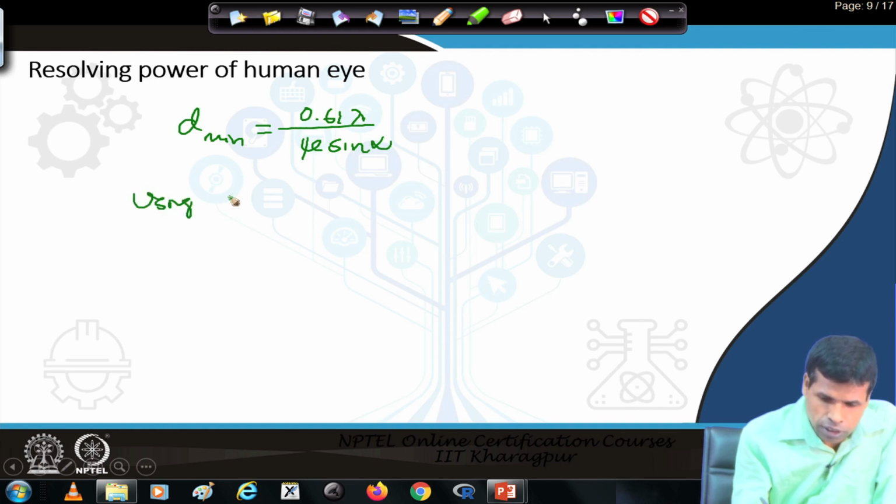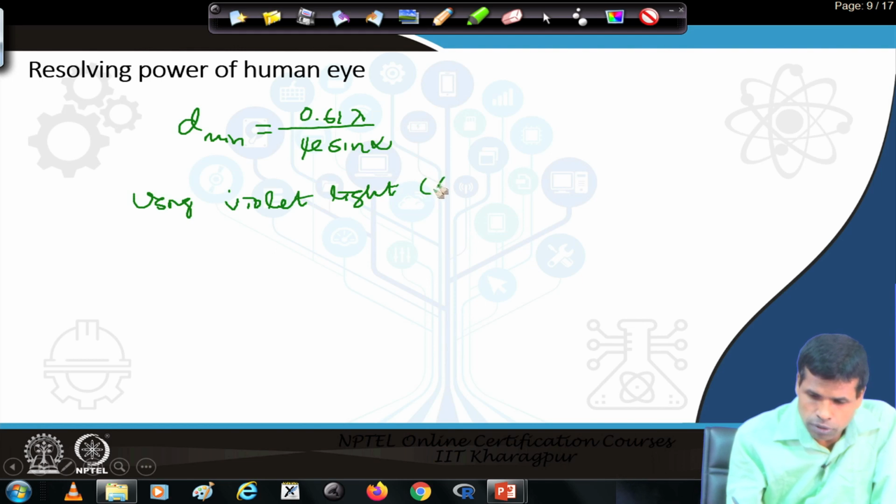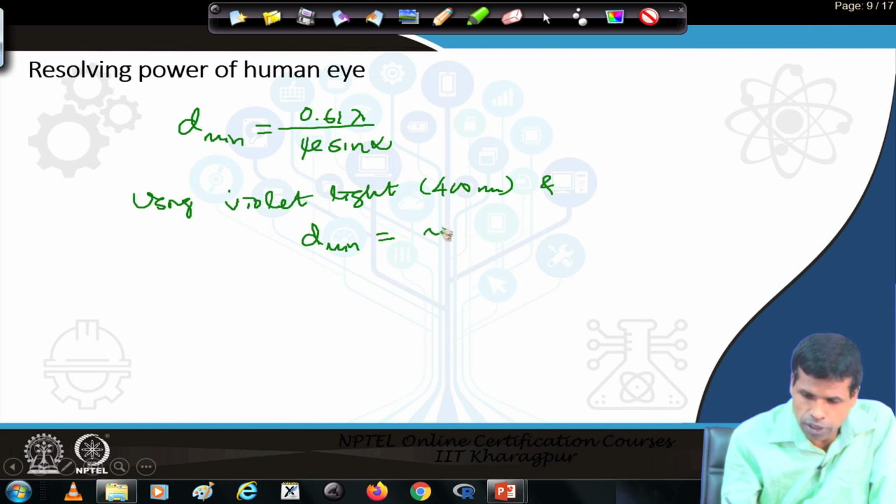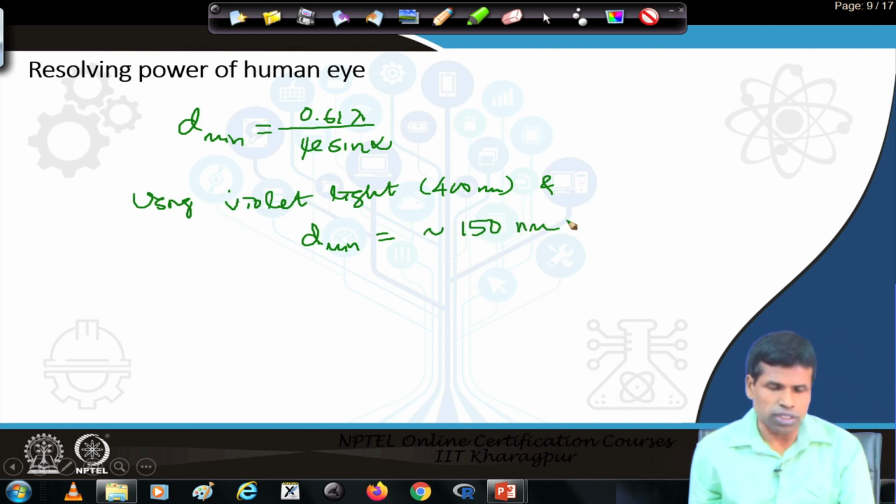Using let us say violet light of 400 nanometer and oil immersion lens with a large aperture, we can achieve d minimum of approximately 150 nanometer, which is good enough to see bacterial cells.